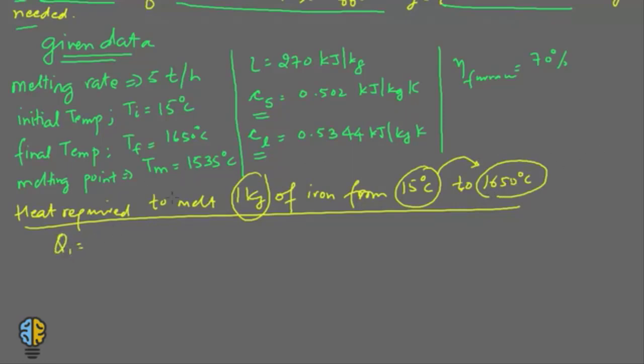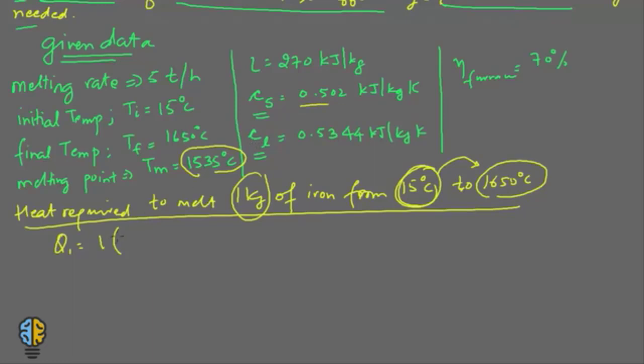Q1. So you have M, that is 1. First the temperature would rise from 15 degrees Celsius solid iron to 1535 degrees Celsius solid iron. So that would be the case of sensible heat, and the specific heat capacity of solid is 0.502.